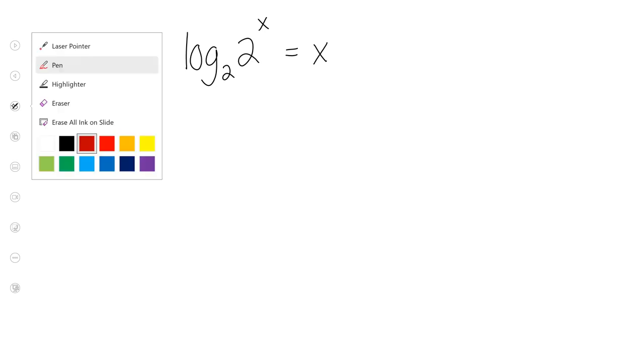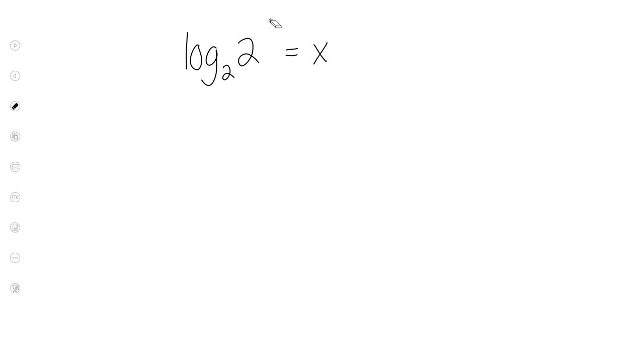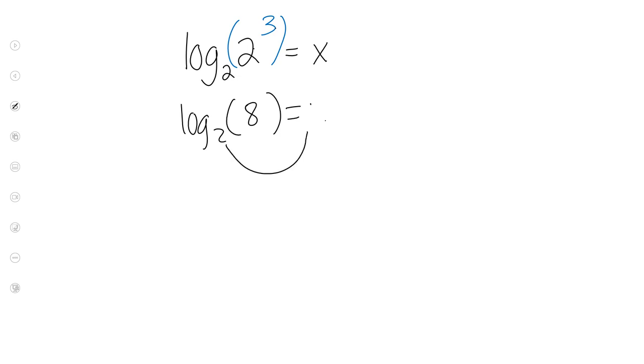Let's replace this with a number and see if we get the same number. 2 to the power of 3 is 8, and I know log base 2 of 8 would give me 3. So those canceled out and I have 3 is equal to 3.